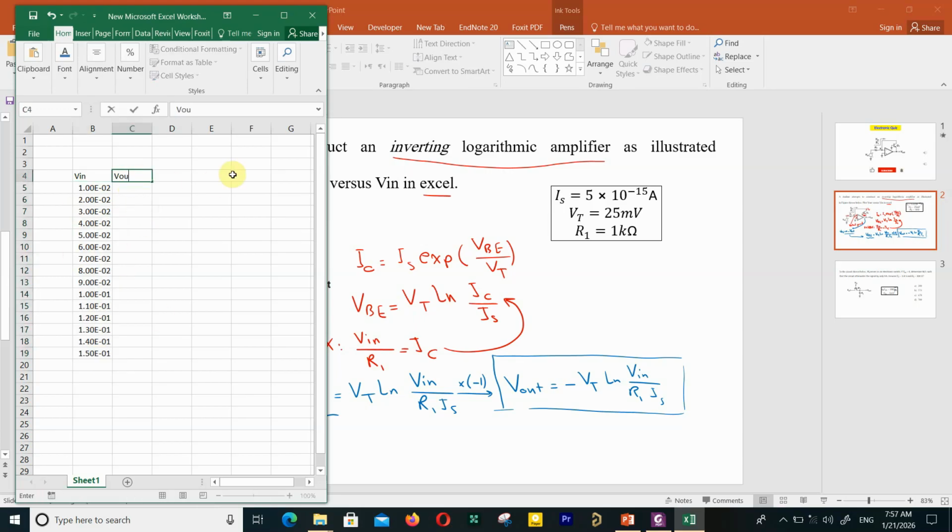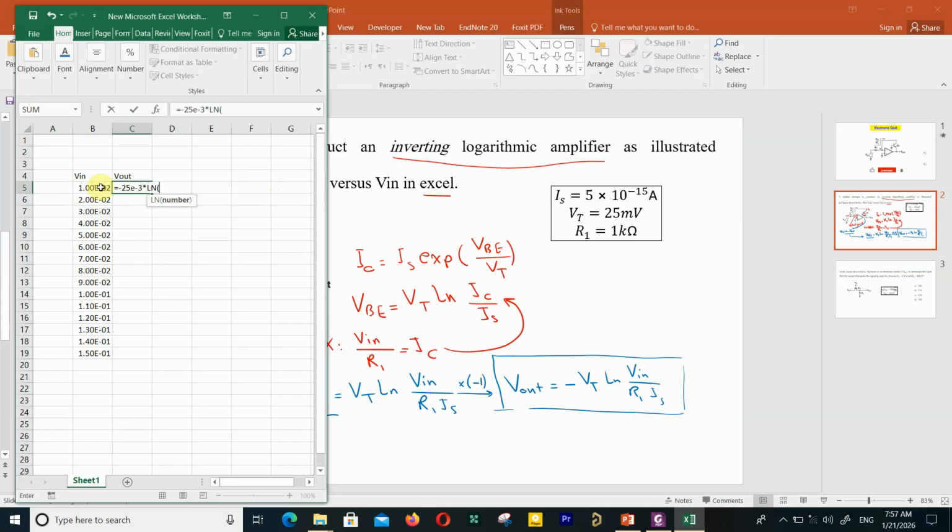And how about V out? In order to extract some numbers for V out, you have to use this equation in here. And what is this equation? You have to write it down like this. In this cell, use equal, then minus VT. VT is 25 millivolt, 25 E minus 3, then times ln of V in.